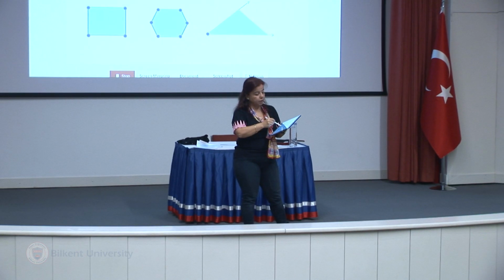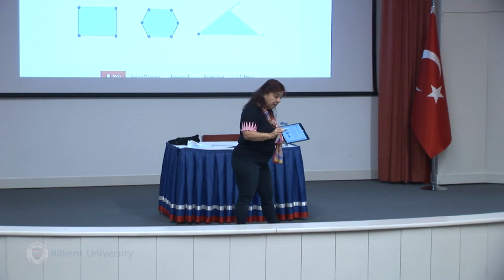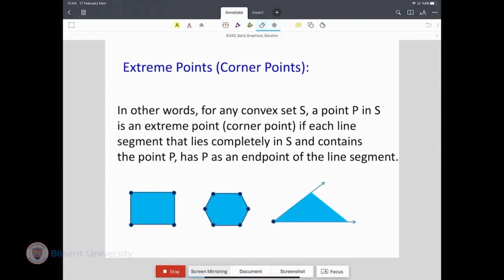Just pick 2 corner points, anybody in between can be written by them. Yeah? But a point then is a corner point if you cannot write it as a strict convex combination of 2 other points. Because for corner points, you need lambda being equal to 0 or 1.